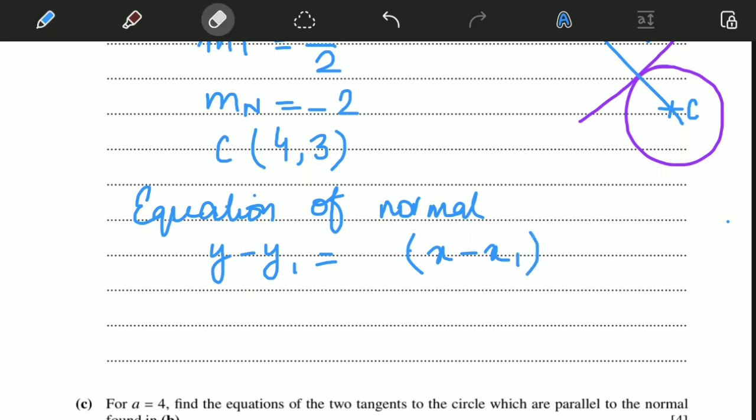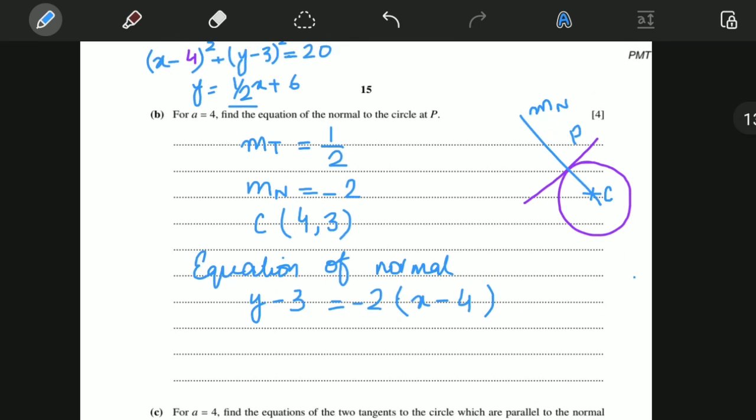So substitute the values. Y coordinate is 3, m is minus 2, and x is 4. So this will be your equation of normal.